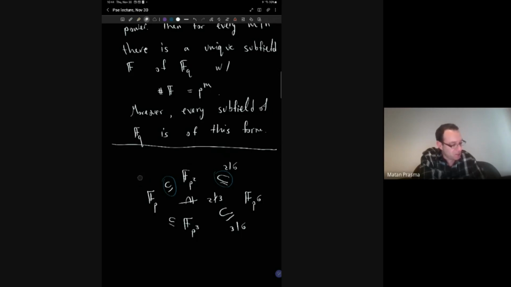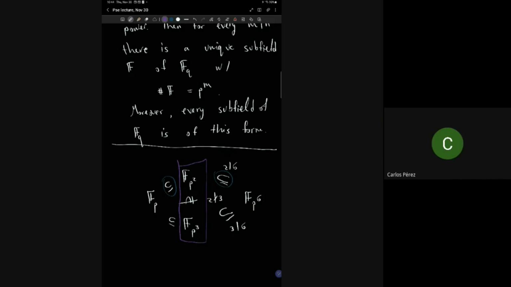But what I want you to remember from this picture, the splitting issue is not the main thing, but rather that we don't have a subfield inclusion or a field extension in this purple case. Sorry, I have another question.